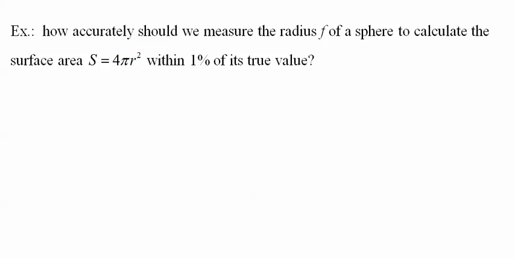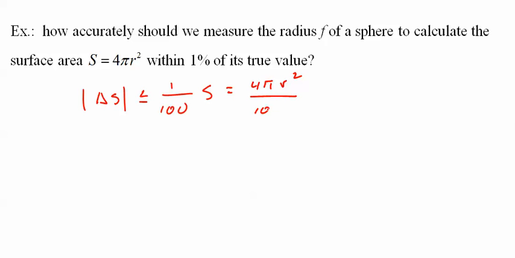Another problem: how accurately should we measure the radius of a sphere to calculate the surface area within 1% of its true value? So we want our inaccuracy to be small enough to make the corresponding increment in the surface area satisfy this inequality. The absolute value of the change of S is less than or equal to 1 over 100, that's the 1%, of S. And S, of course, is 4 pi r squared.